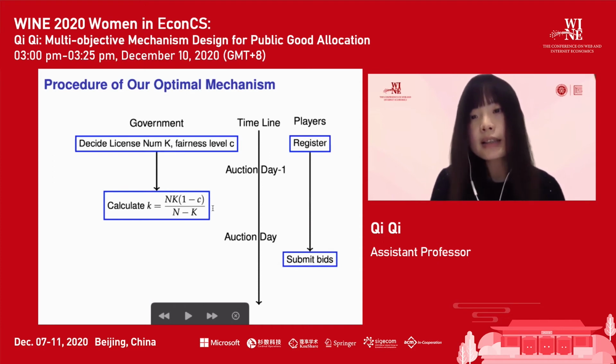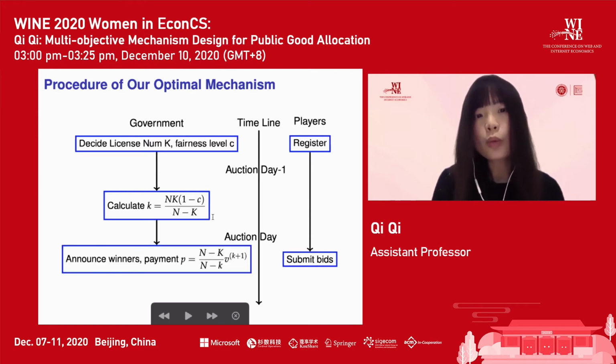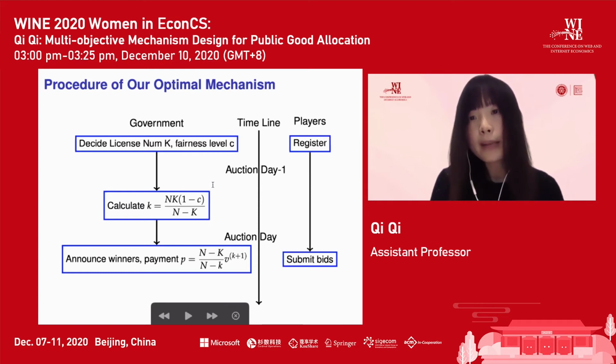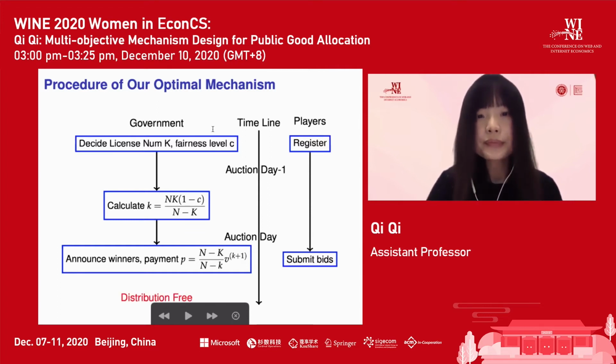The players can see this information and submit their bids. After they submit their bids, we decide the winners and the payments of the winners in the auction. All the other players will be in group 2, and we calculate their winning probability. So this is distribution free, and every player is truthful.